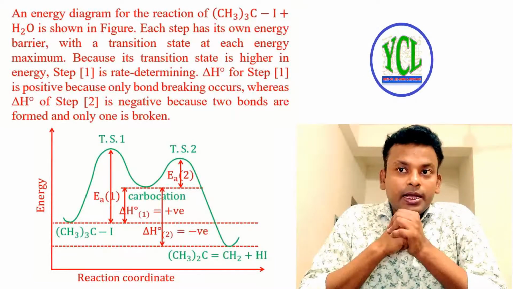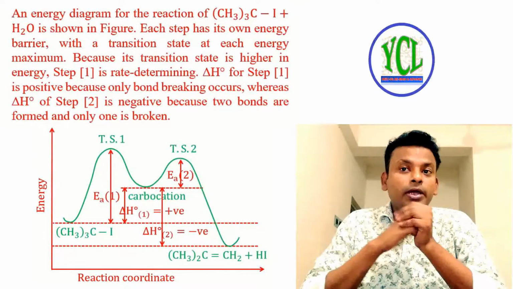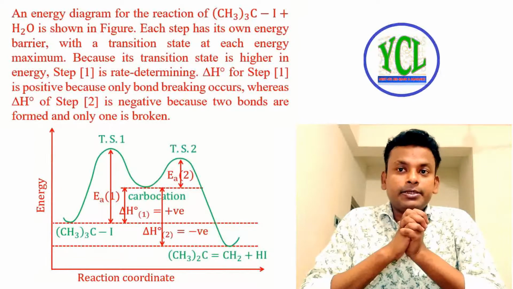The E1 mechanism has two steps, so there are two energy barriers, and step 1 is the rate determining step.